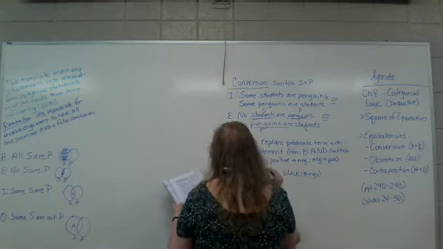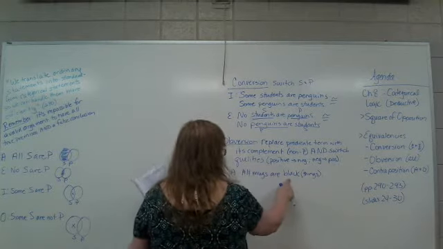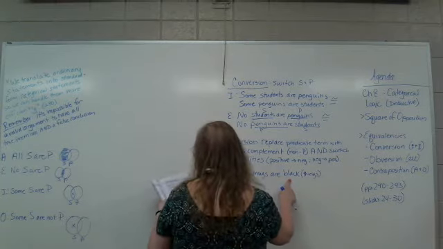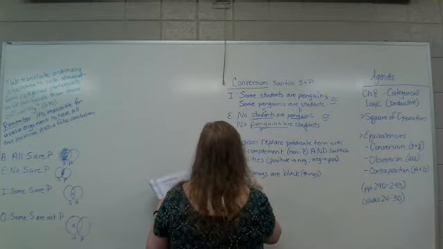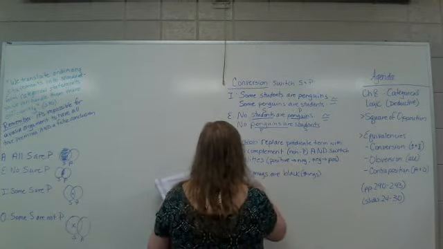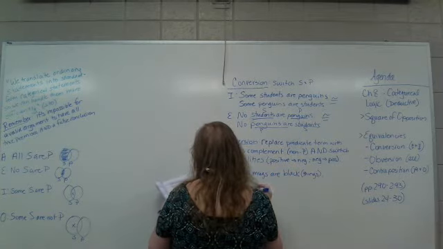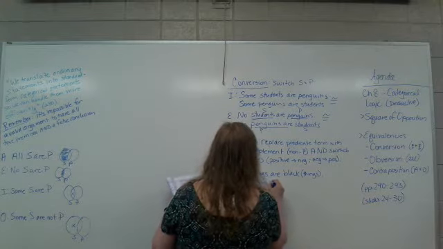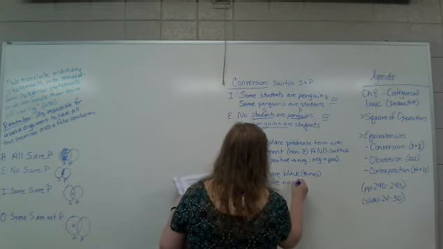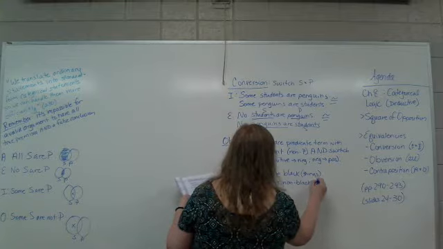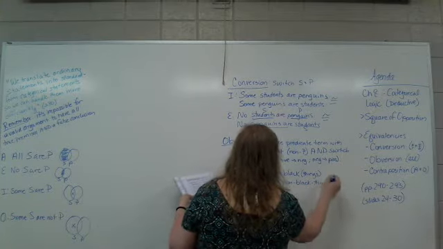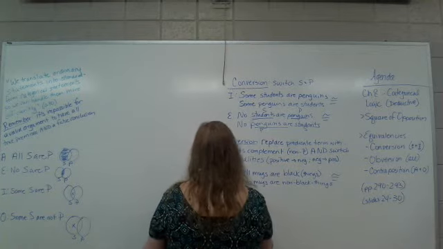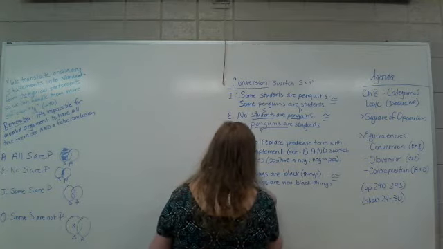I'm going to make my predicate term non-black things, and I'm going to switch to no, because I'm switching from positive all to negative no. So it goes like this: no mugs are non-black things. Okay, that's equivalent. E: no mugs are black things.